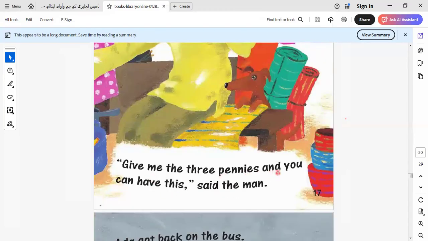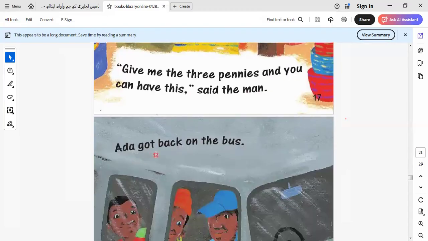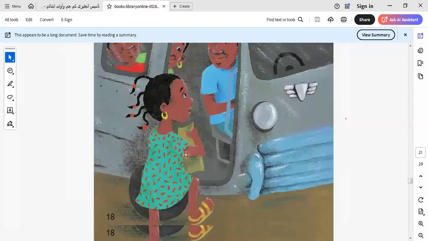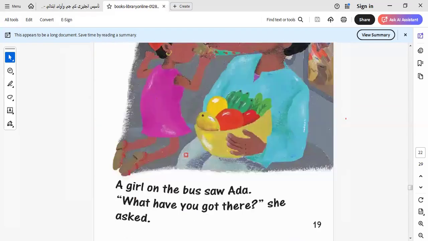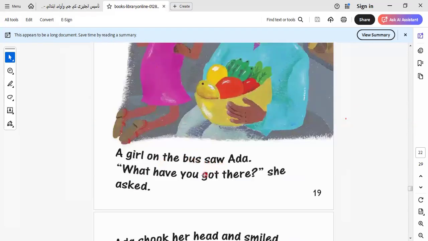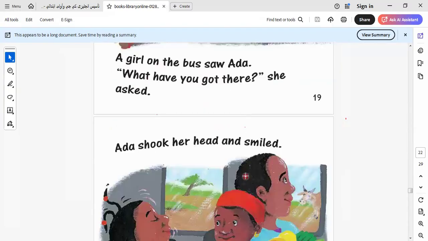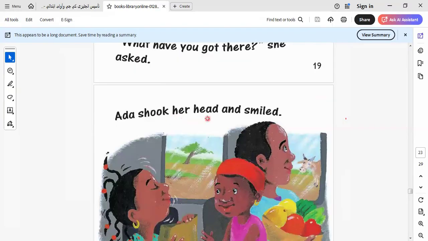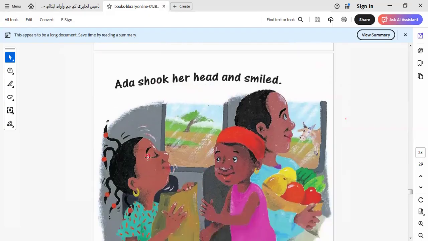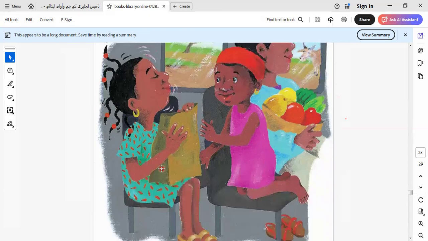Give me the 3 pennies and you can have this, said the man. Ada got back on the bus. A girl on the bus saw Ada. What have you got there? She asked. Ada shook her head like this and smiled.